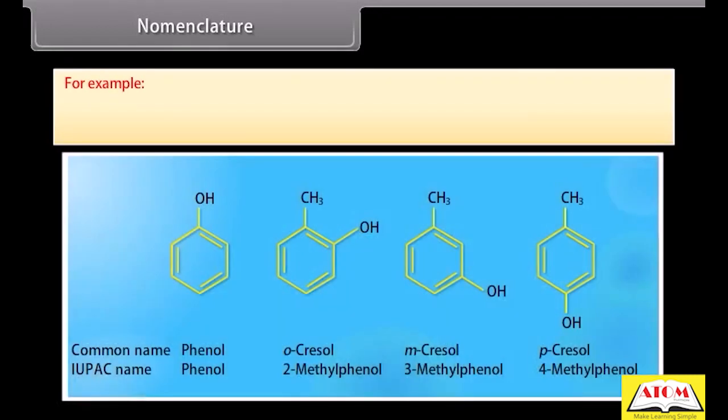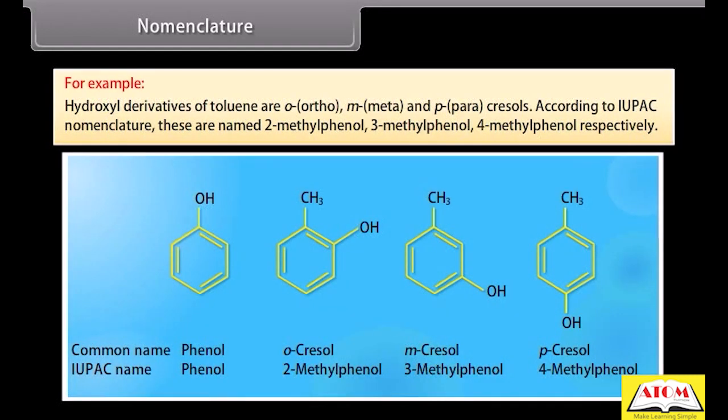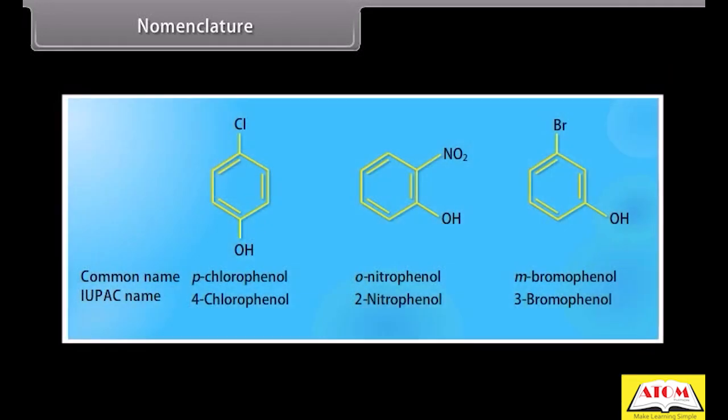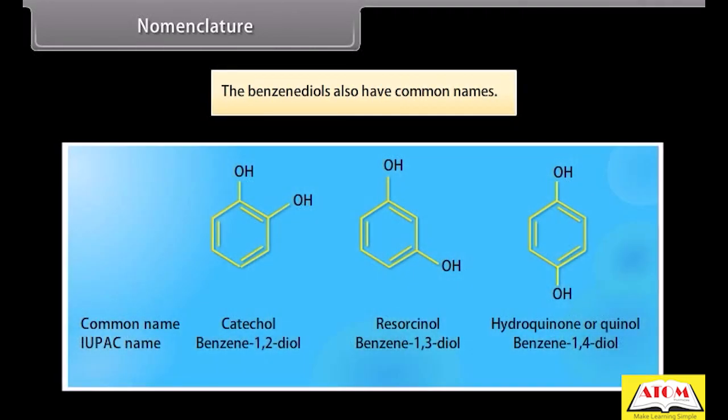For example, hydroxyl derivatives of toluene are ortho, meta, and para-cresols. According to IUPAC nomenclature, these are named 2-methylphenol, 3-methylphenol, 4-methylphenol respectively. One more example is the benzenediols, which also have common names.